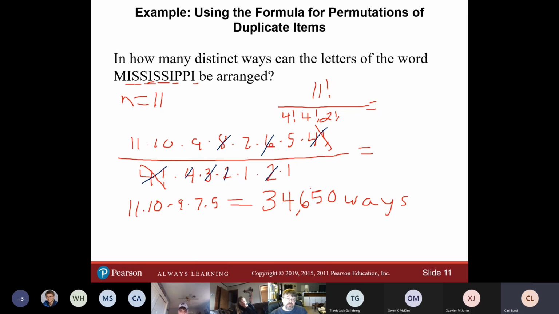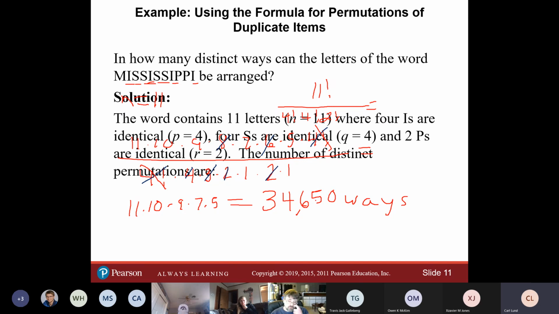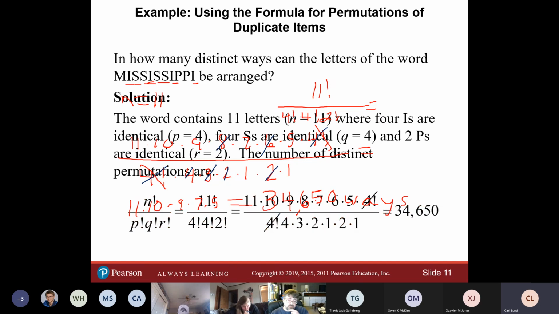Canceling just makes it a little bit quicker for when you get your answer, I think. So that's what you do if and only if there are duplicate items. And we're only doing this in this class if we're using all of the items. So all 11 letters in Mississippi, for example.